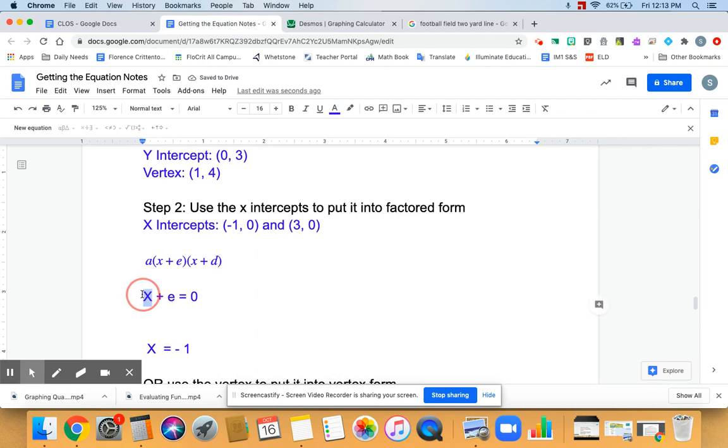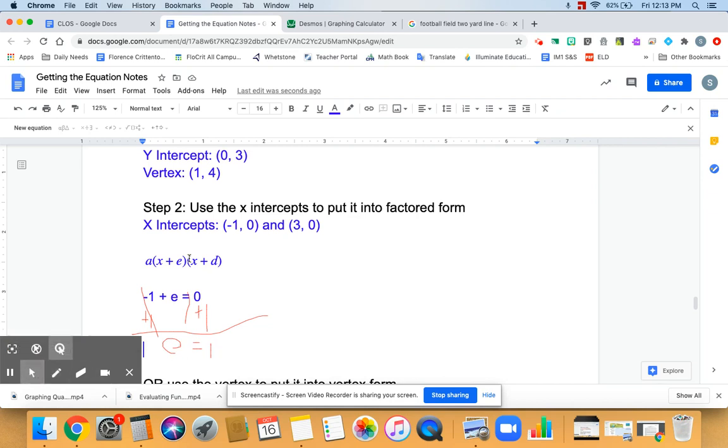So if plugging in -1 for x will make it equal 0, what does e have to be in the equation to make it equal 0? Well, I could always solve it by adding the 1 over to find out that the e has to be positive 1. So in my equation, this e has to be a plus 1, so that when I make x plus 1 equal 0, it'll give me the negative 1 as the answer.